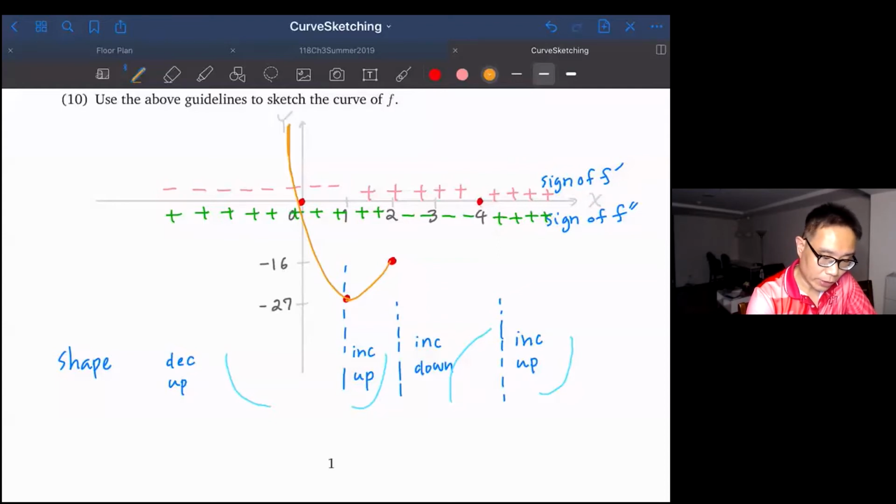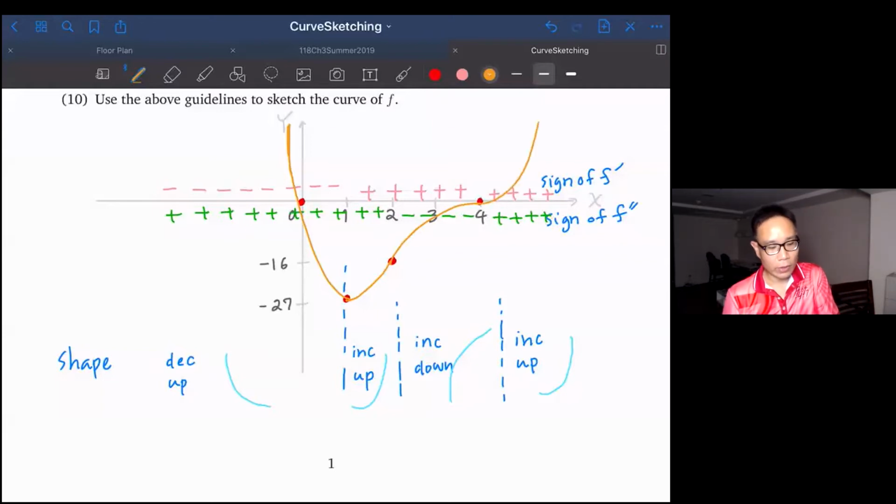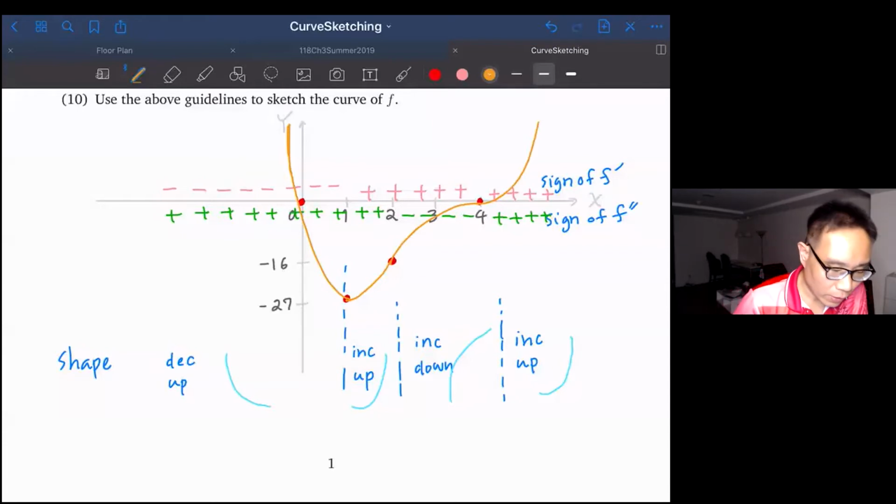And it's gonna be increasing concave down that is gonna be intersecting at 0. Okay, and it's going to be increasing concave up like this. Okay, so this one you have the complete graph that you are having.